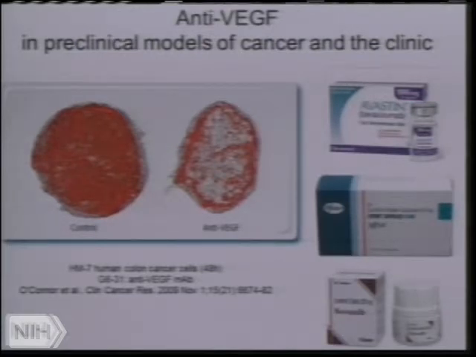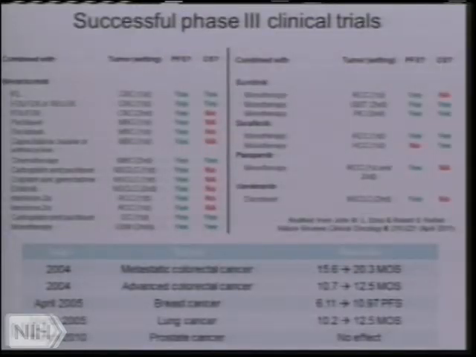Some examples of those therapeutics that I showed before. Avastin is not the only one. There are other therapeutics, basically drugs, that target vascular endothelial growth factor. So what happens in the clinic? I already was telling you before that there are numerous challenges to translate what we see in preclinical models into the clinic. So these are some of the successful phase 3 clinical trials with some of those drugs that I showed you in the previous slide.